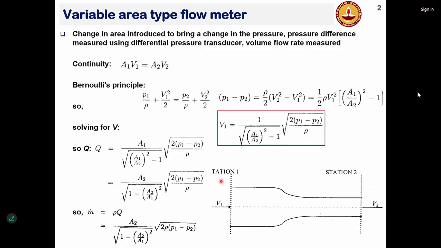All you need to do is introduce this variable area flow meter into the pipe and measure the delta P between any two sections of this meter.